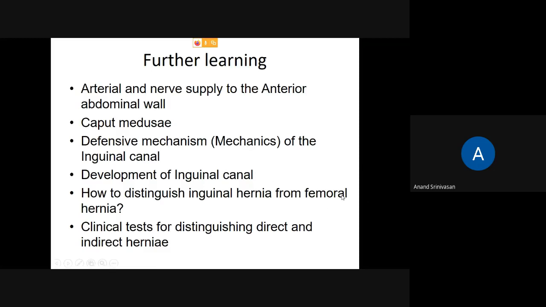Whereas a femoral hernia comes out through the saphenous opening, which is located below the inguinal ligament, that is, downward and lateral to the pubic tubercle. If the hernial sac is down and lateral to the pubic tubercle, it is a femoral hernia.